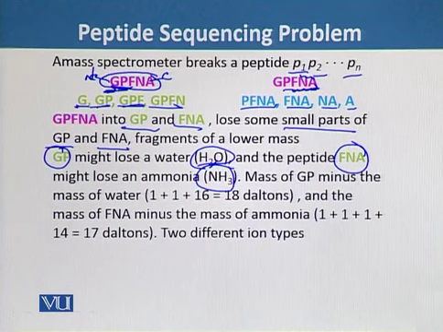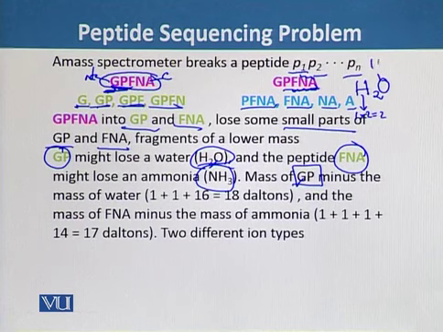So the resulting mass detected by the spectrometer will be equal to the mass of GP minus the mass of water. We know the formula of water is H2O, the mass of hydrogen is 1 with two atoms, and oxygen is 16, so 16 plus 2 is equal to 18. We subtract this from GP.